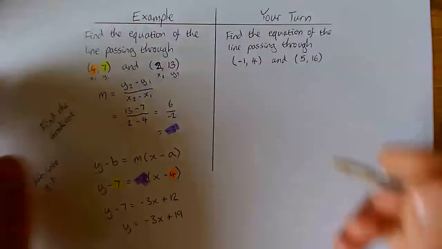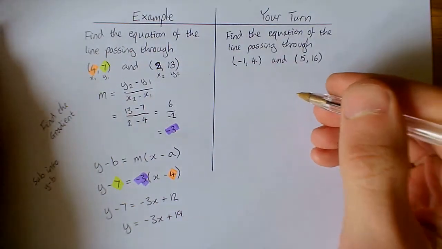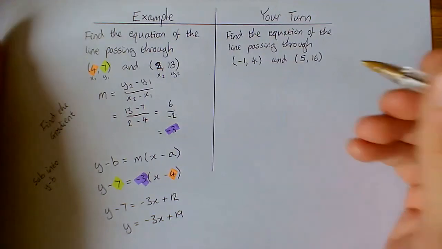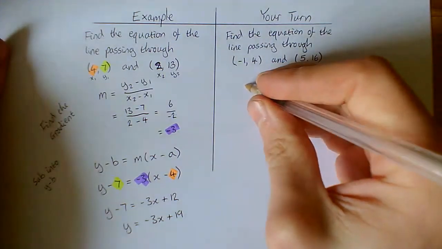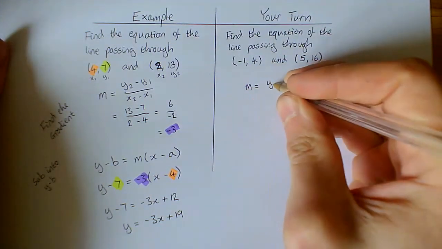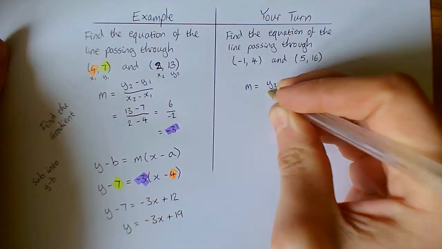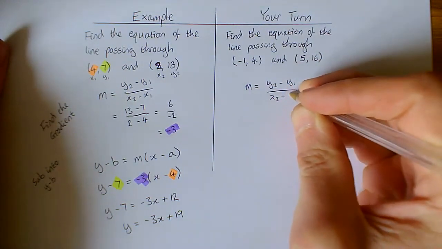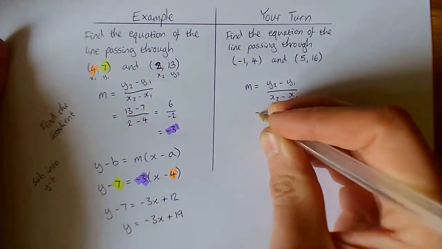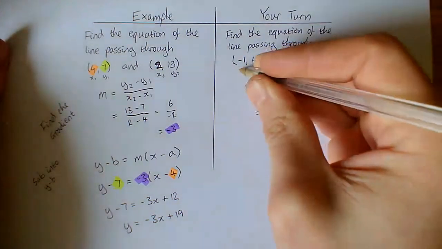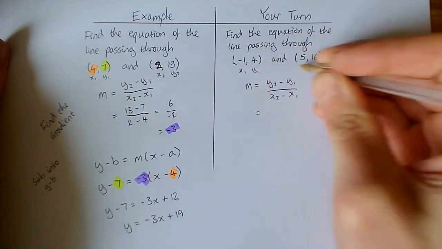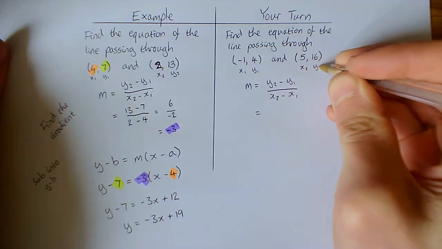Great, so let's have a go at this. And I'm going to lay this one out in a more logical, working-down-the-page order. So first thing is gradient. Let's label up our points: x1, y1, x2, y2.